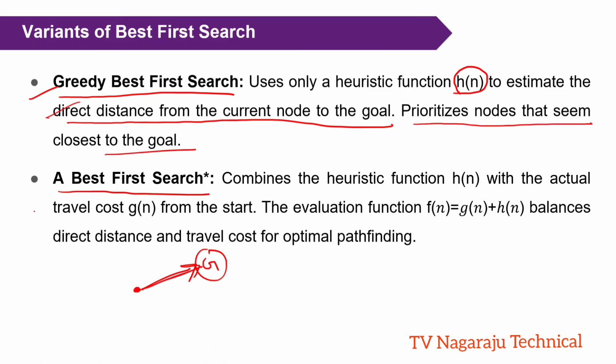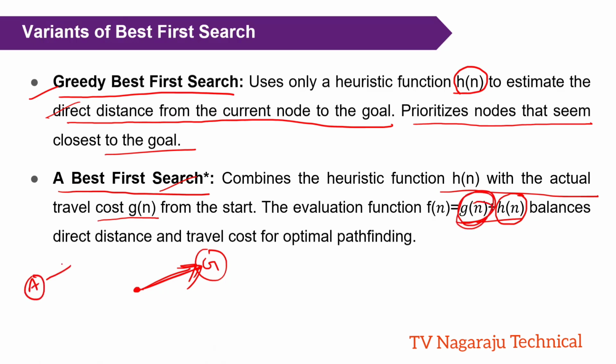But the A star search algorithm, instead of directly reaching the goal node, considers the actual travel cost, that is g of n plus h of n. What is the meaning? h of n is the direct distance. Along with the direct distance, it also calculates the cost for traveling. I think you got the point.